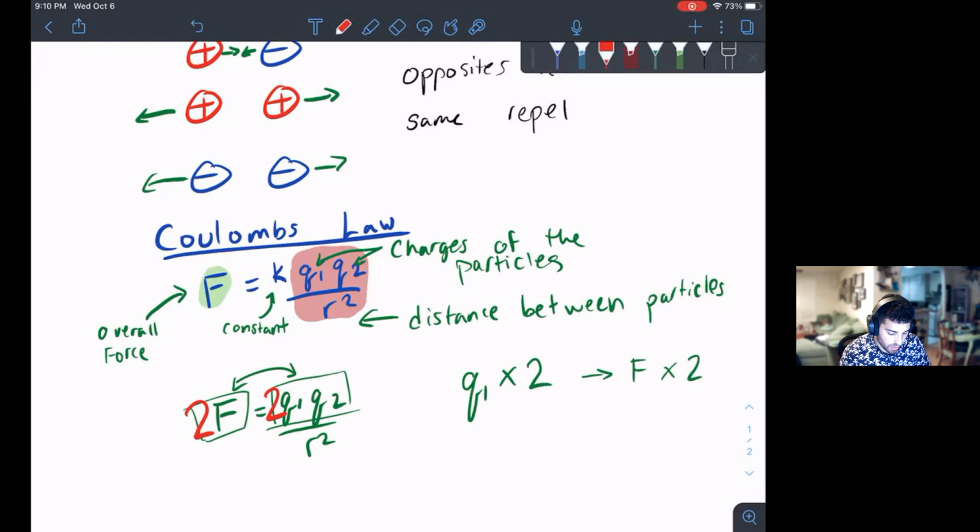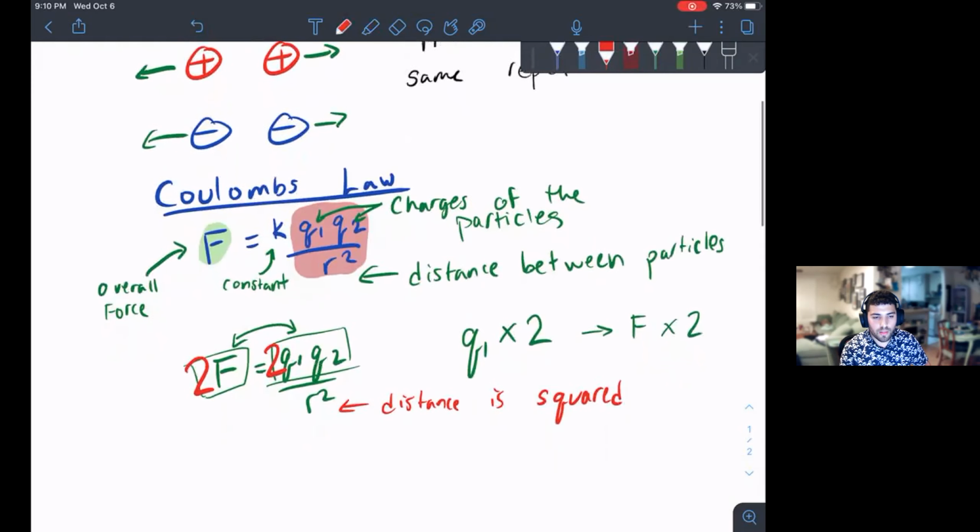So things get a little more confusing when you talk about distance down here. The problem is distance is squared. Whoops. Distance is squared, which means whatever happens to the distance happens at a squared magnitude.